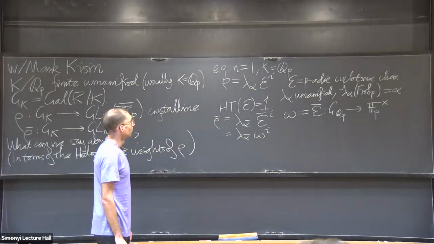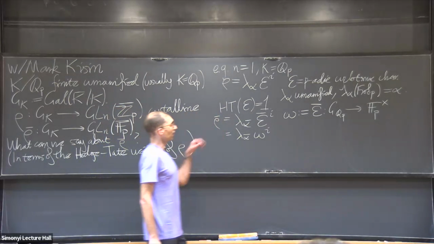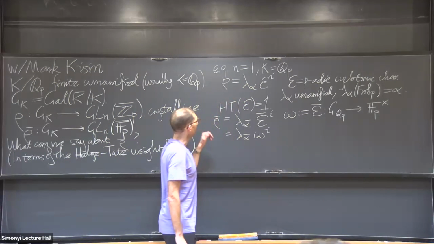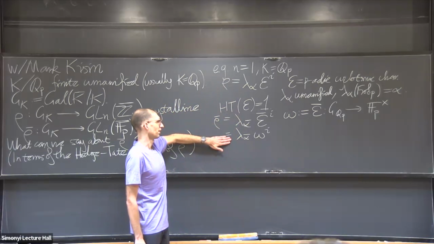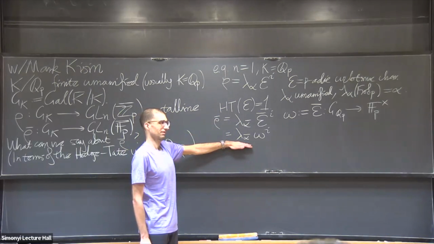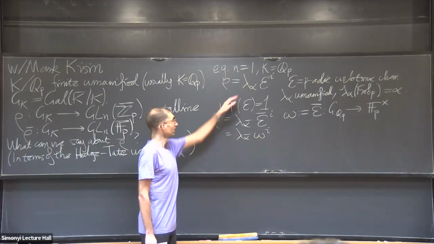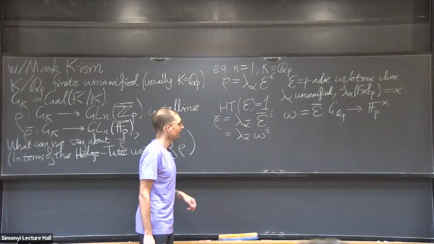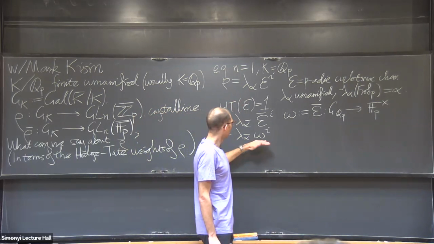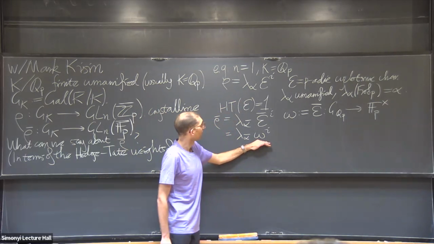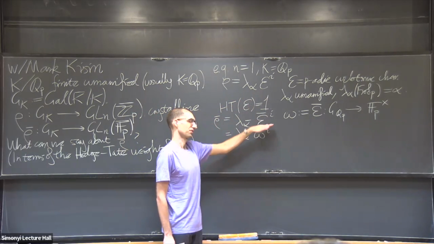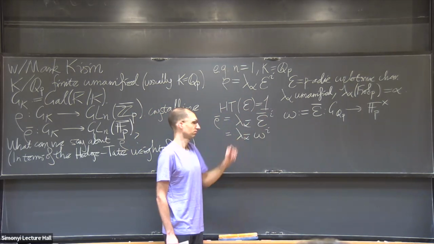And what this means is that, well, if you know your Hodge-Tate weights, then you almost know what the reduction is. You know the reduction up to unramified twist, and you can't do any better than that. Feel free to twist this by unramified characters. And furthermore, this mod p Galois representation depends on the Hodge-Tate weight, but in fact, it only depends on the Hodge-Tate weight mod p-1.